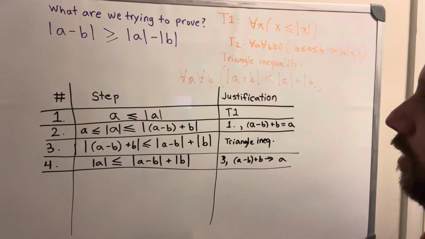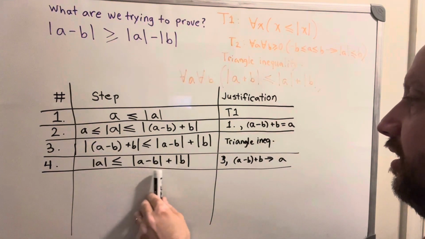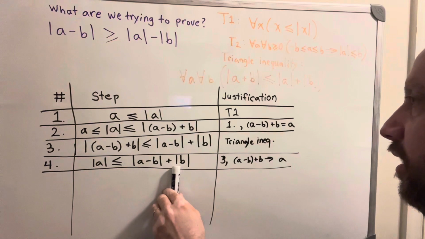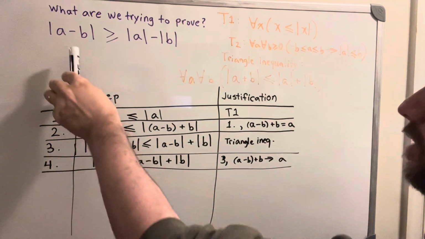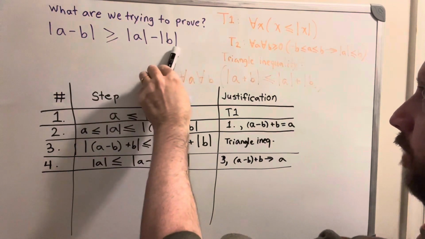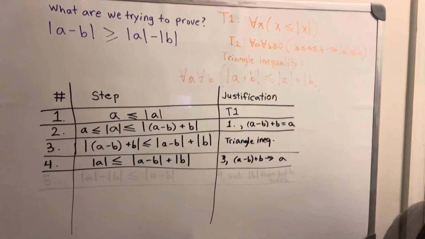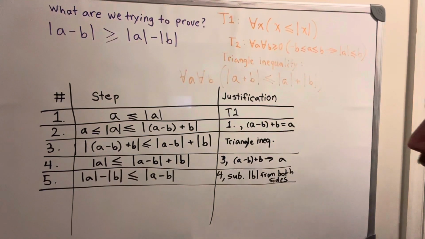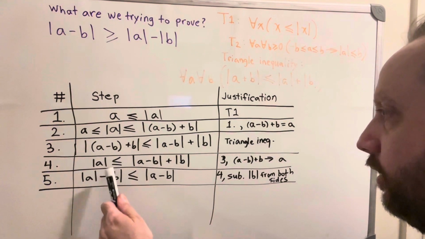So what do we subtract from both sides of this inequality on line 4 to get the inequality that we set out to prove? If you noticed that we could subtract the absolute value of B from both sides, you were right.